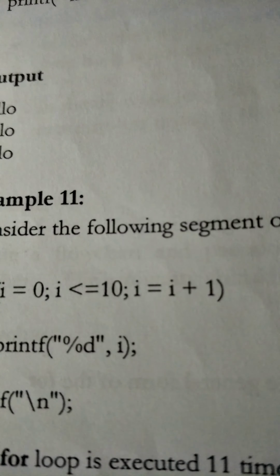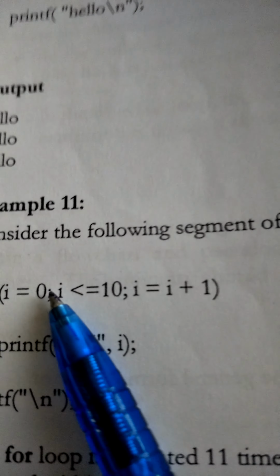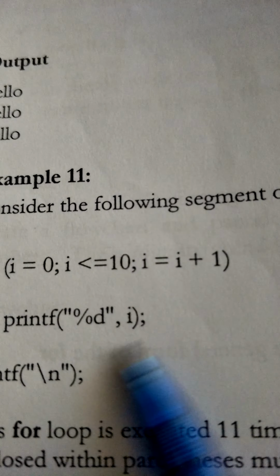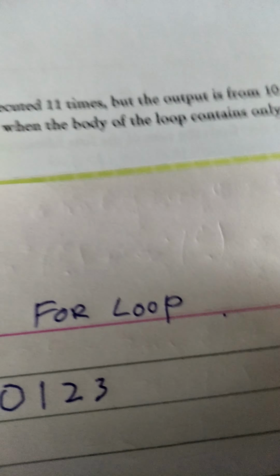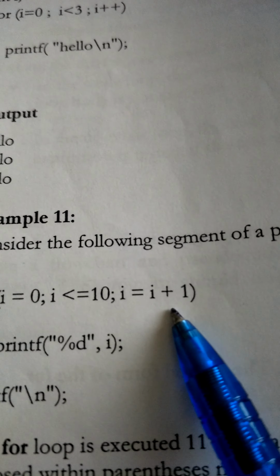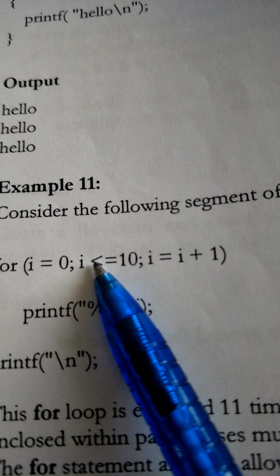And then increase I by 1. 2 plus 1 is 3. Check for the condition: 3 less than 10, true. Then print I, which is 3. And then increase I by 1. You got 4. 4 less than 10, true.